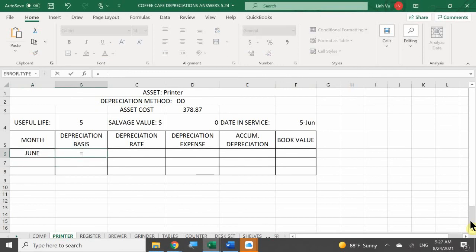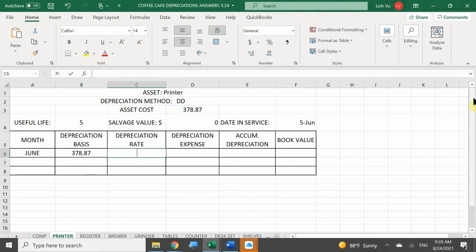What's my depreciation basis going to be? 378.87. What's my depreciation rate going to be?